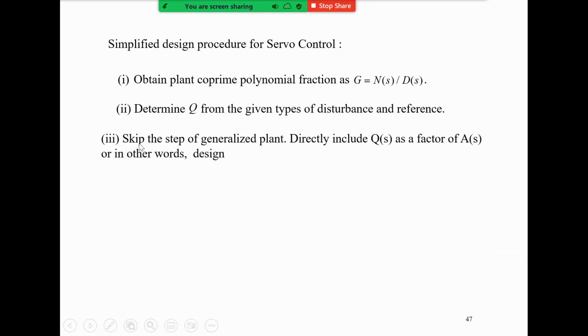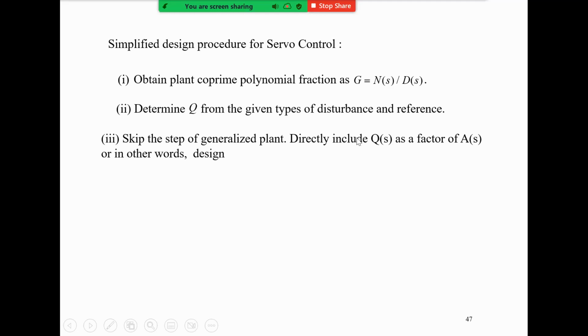Now, the third step is different. In the first design, we form a generalized plant. Then we try to stabilize the generalized plant. Now, actually, we don't need to do that.